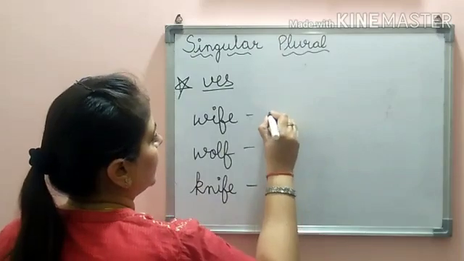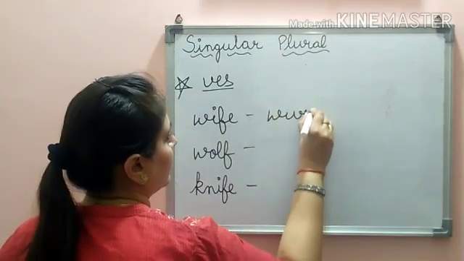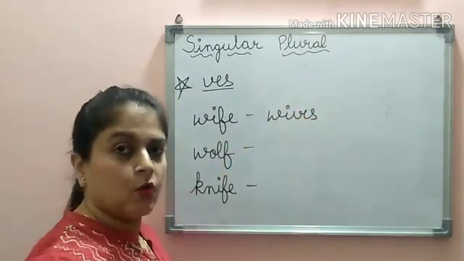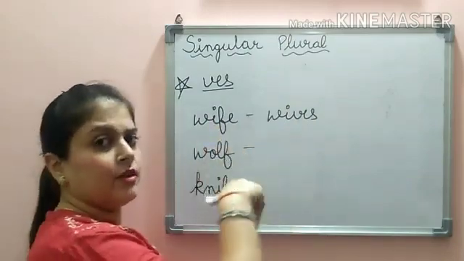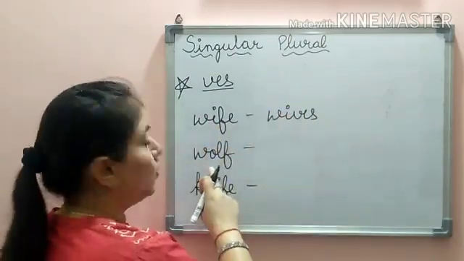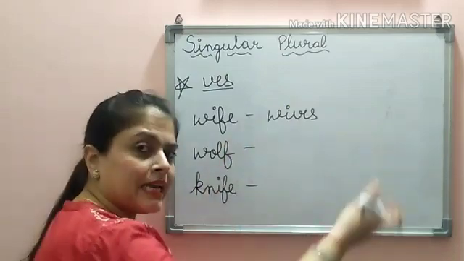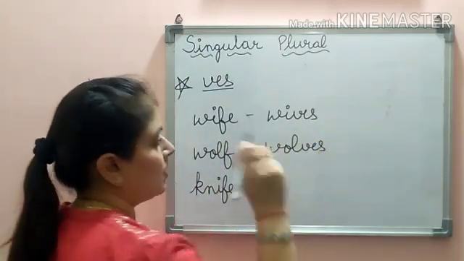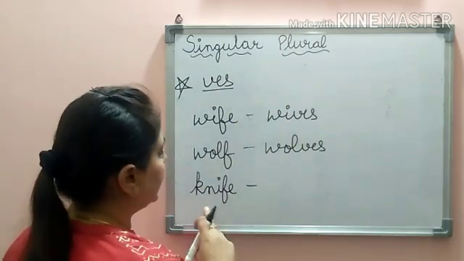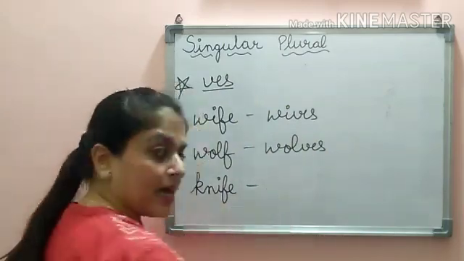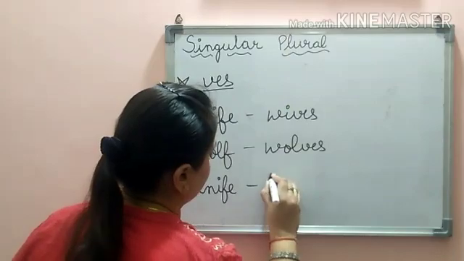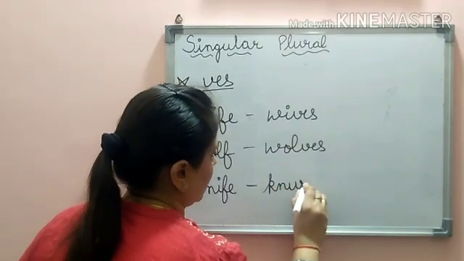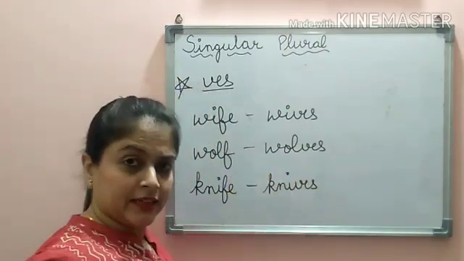Just look here. Wives. One wife, many wives. One wolf, many wolves. One knife, many knives. Alright.